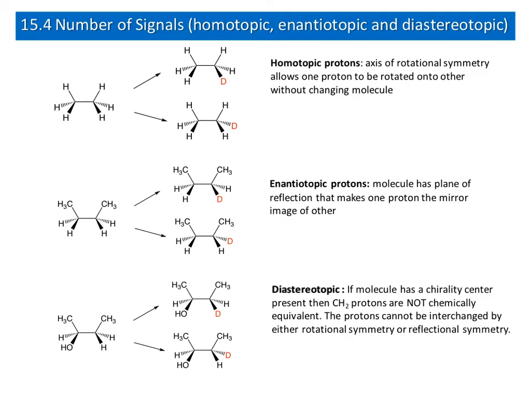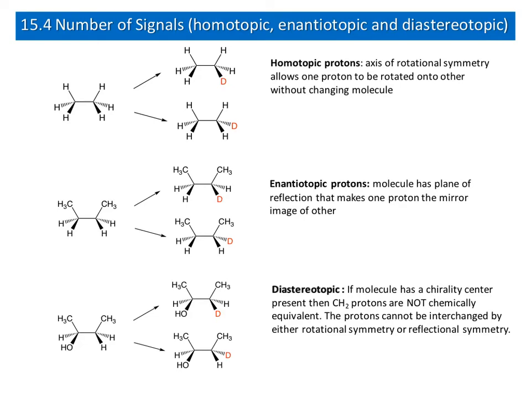So let's look at the first characteristic, which is the number of signals. This indicates the number of different kinds of protons that are present in the molecule, or basically the number of protons that have different chemical environment. Protons that are chemically equivalent, or basically they have the same chemical environment, show only one signal in hydrogen NMR. Two protons are chemically equivalent if they can be interchanged using a rotation axis or a plane of reflection.